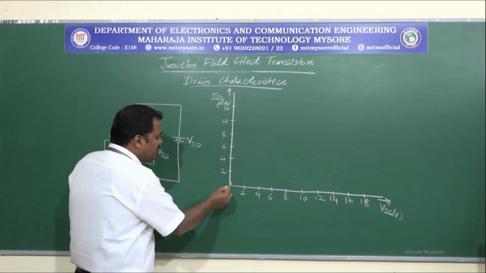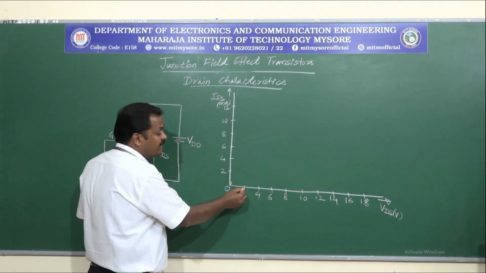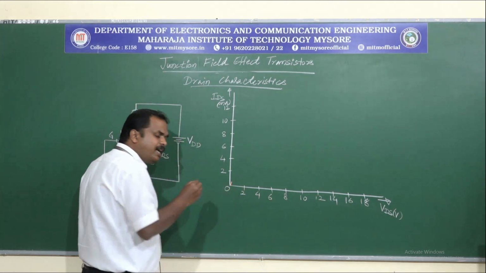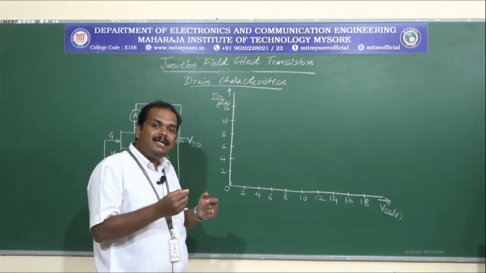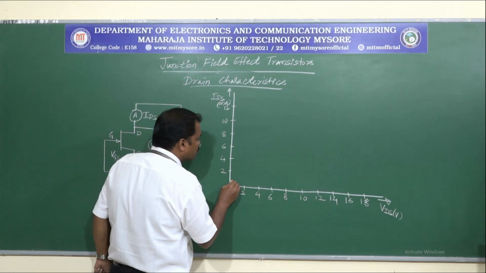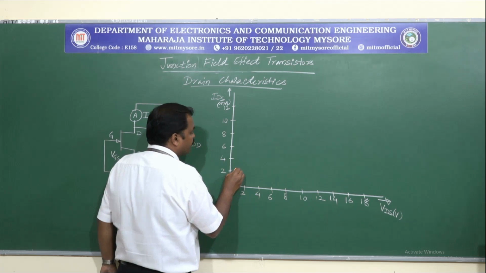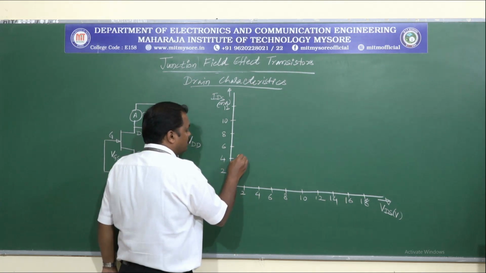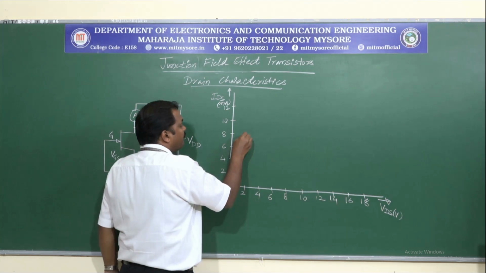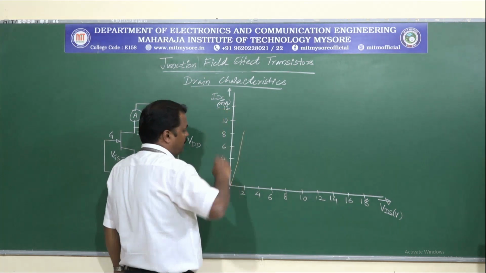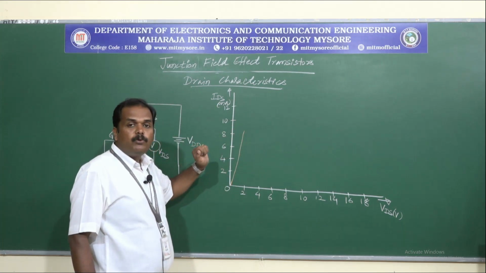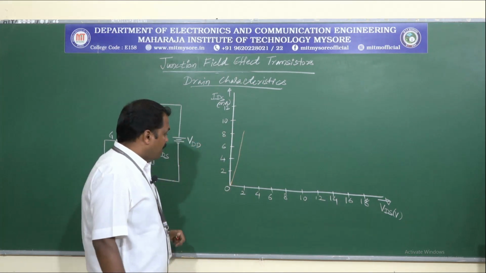A further increase in VDS will have an approximately linear increase of IDS. So the characteristic looks like this.